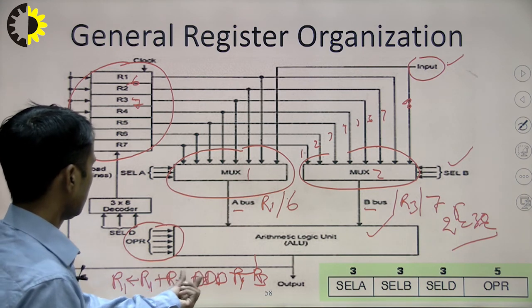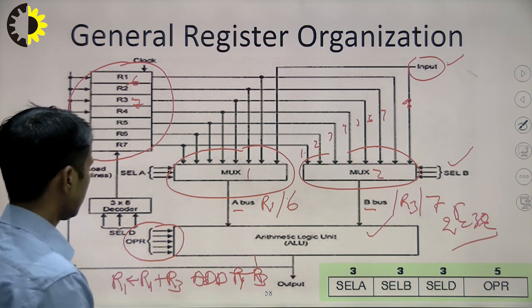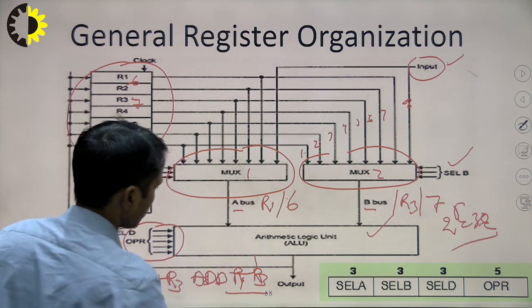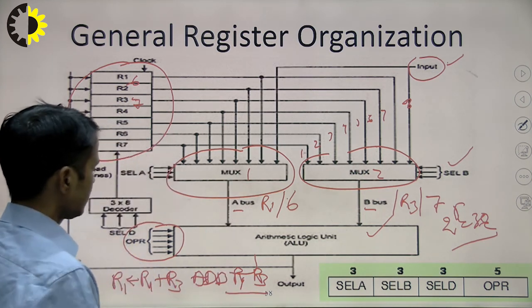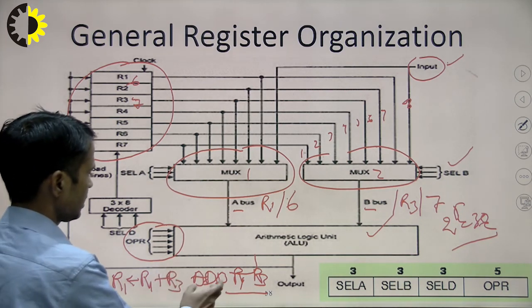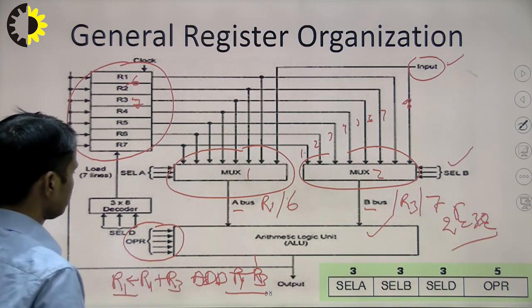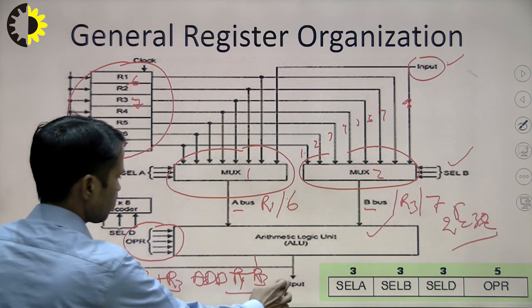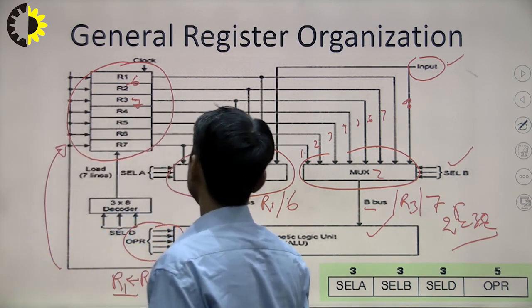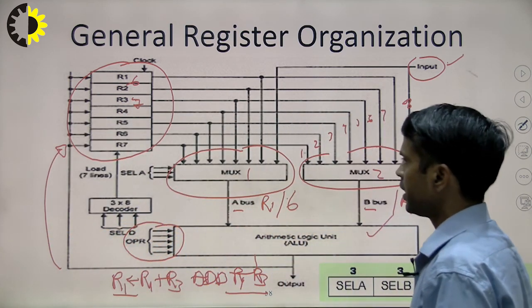Now this is a very important thing: the multiplexer only gives the inputs R1 and R3, but this instruction, in its architectural abstraction, says that the result is stored in R1. So, certainly this output will be stored back somewhere in the general purpose registers.